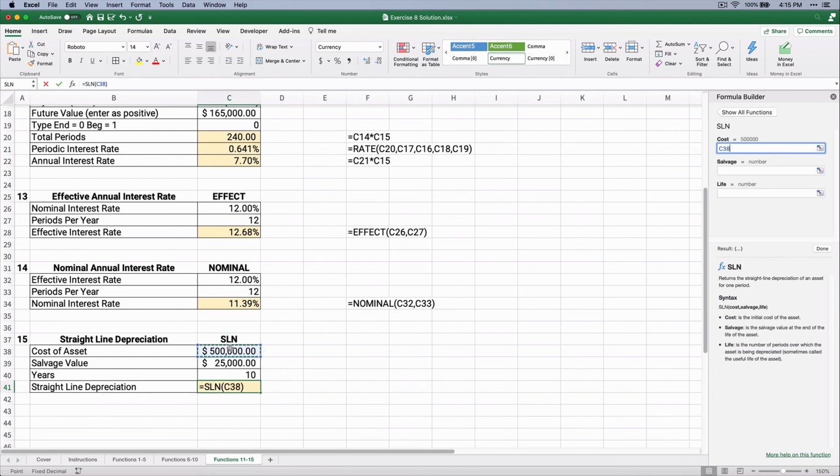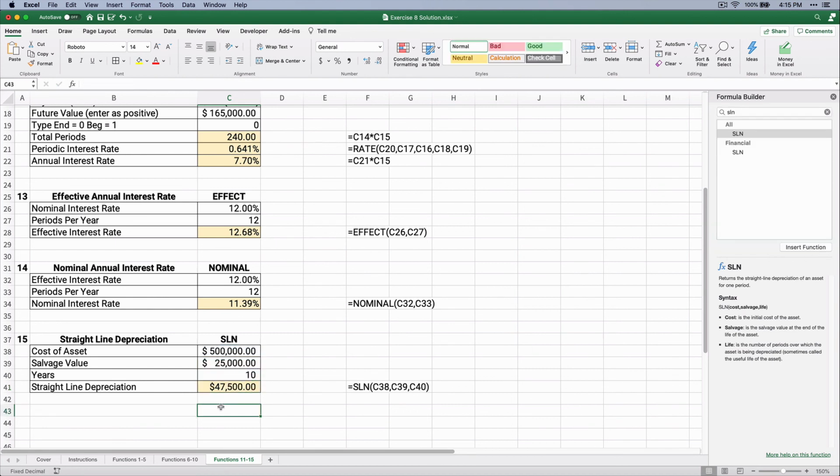The cost is $500,000. We want to know the salvage value at the end, $25,000, and what is the life? Well, it's 10 years, so we can hit done here, and that is an annual depreciation of $47,500. I typically don't do straight line depreciation like this because it's simply cost minus the salvage value divided by the years. So I just use a formula rather than the Excel function.